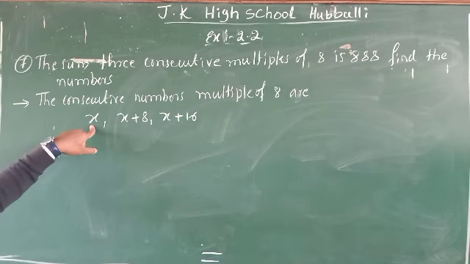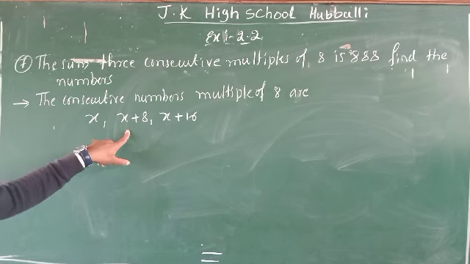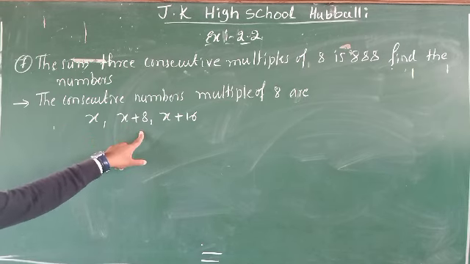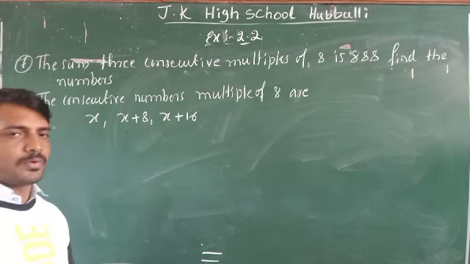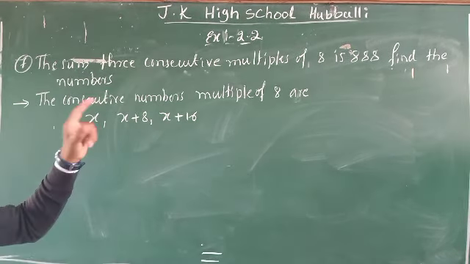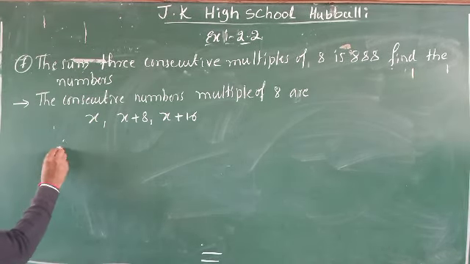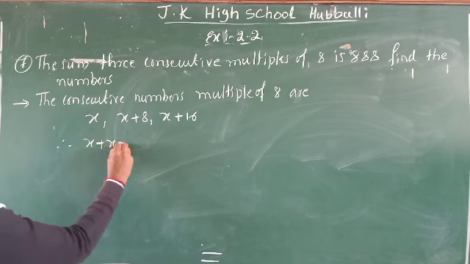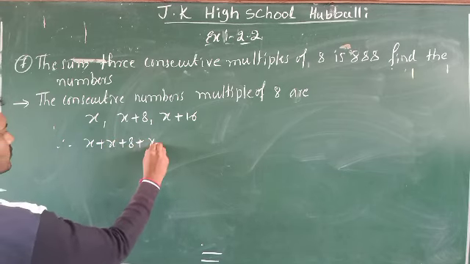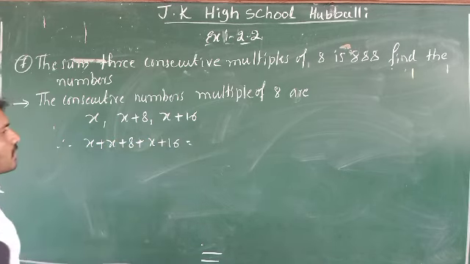If you write here 8, what next number will come? 8 plus 8, 16. 8 plus 16, 24. Like that we have to write. So just add them. Therefore, x plus x plus 8 plus x plus 16.